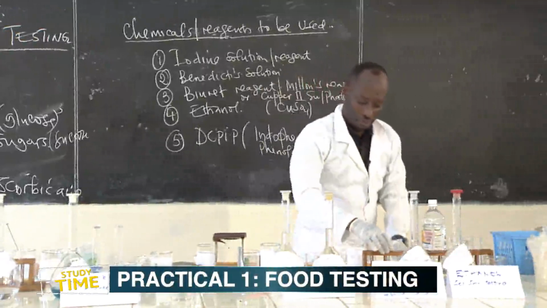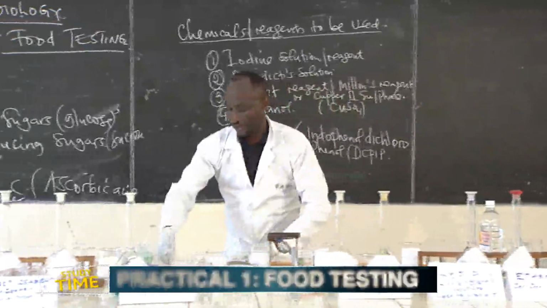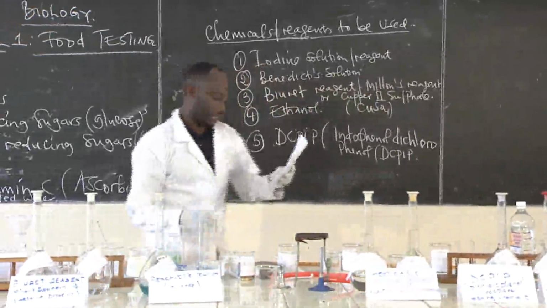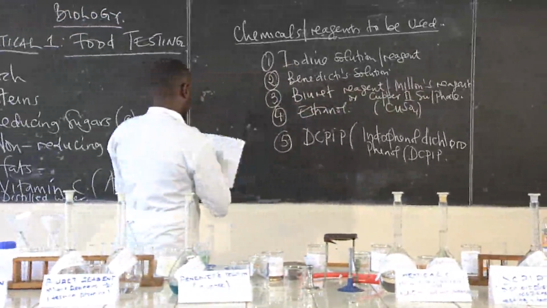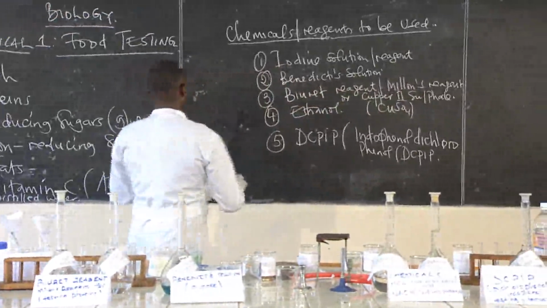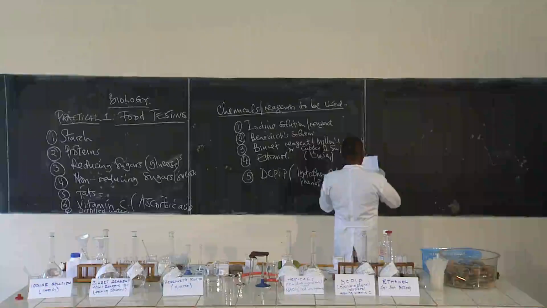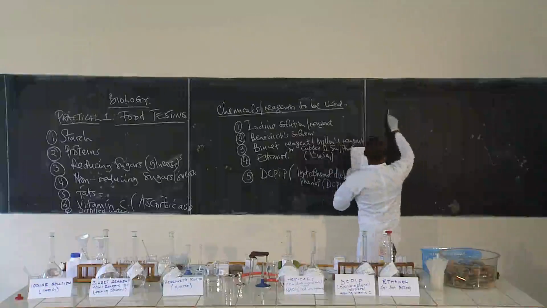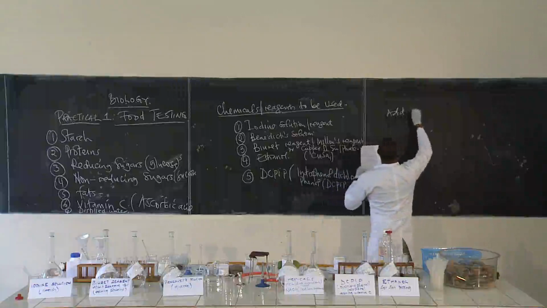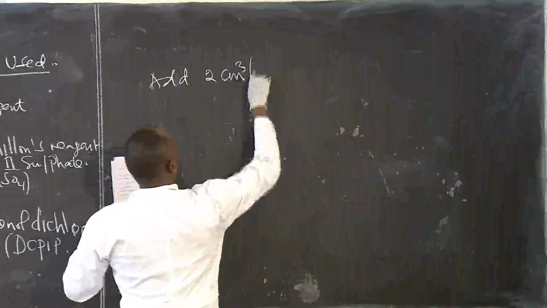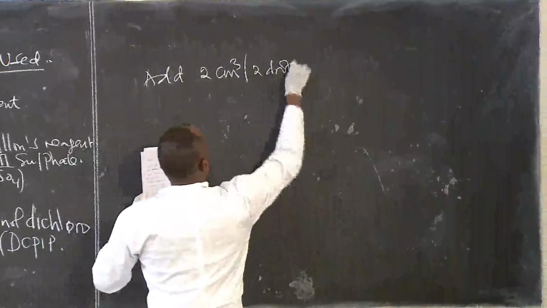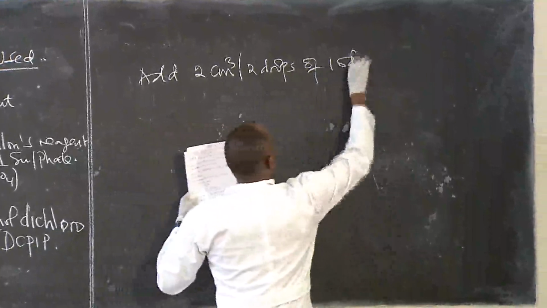Take a note of this. Write this one in your book. You say, add iodine solution, two centimeters cubed or two drops of iodine solution.